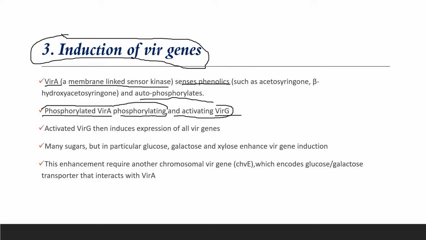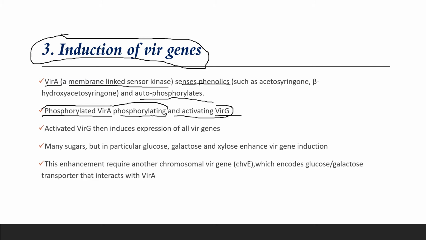So as VirA is getting activated, it in turn activates the other Vir genes, which we now see are the VirG genes, which get activated due to the autophosphorylation of VirA.